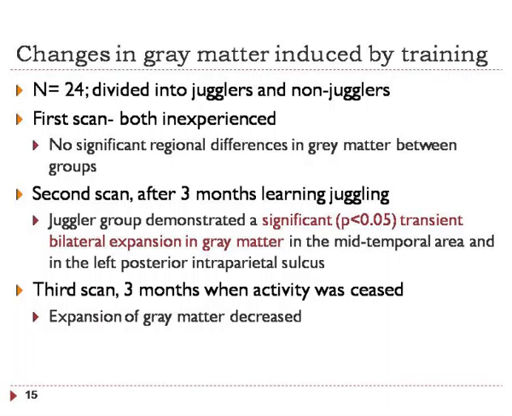This was a very simple study in which they took 24 volunteers, and 12 were subjected to juggling activity, or some skill activity. The other group didn't perform that juggling activity. Then they measured the brain anatomy by MRI and also the function.